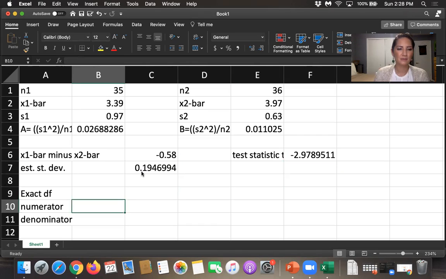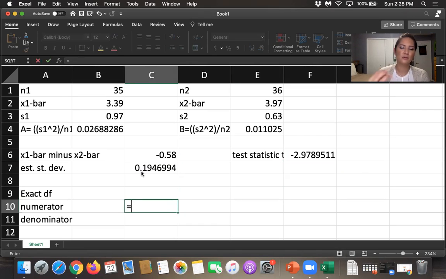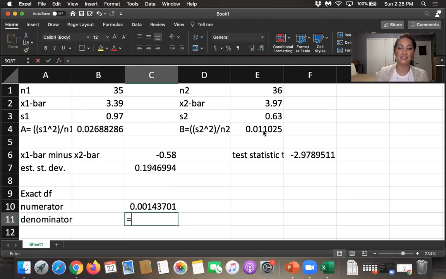Now, if I want the exact number of degrees of freedom, the numerator was A plus B quantity squared. So I'm just going to type equals open parentheses A plus B close parentheses quantity squared. And then the denominator has A squared in it, and then you divide by the sample size minus 1.